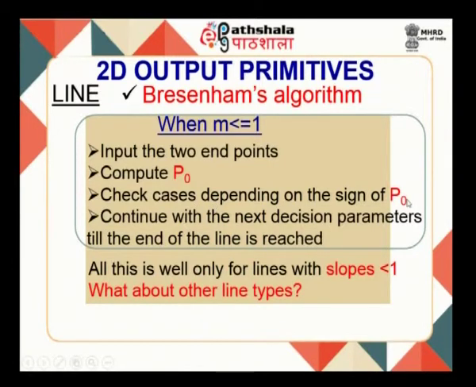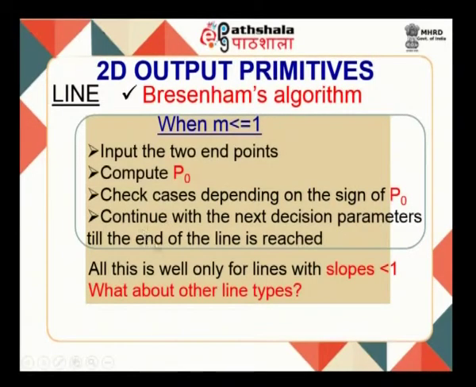Now, if P naught is negative or positive or maybe equal to 0, based on that we will be choosing the next y value. Continue with the next decision parameters till the end of the line is reached. So, that is how simple it is. We can use the equations from the previous cases that were mentioned, case 1 and case 2.